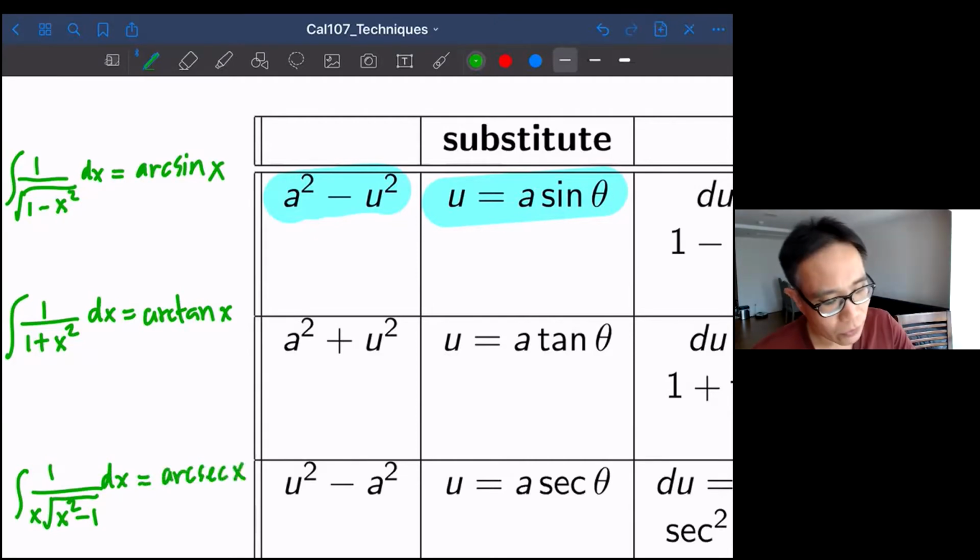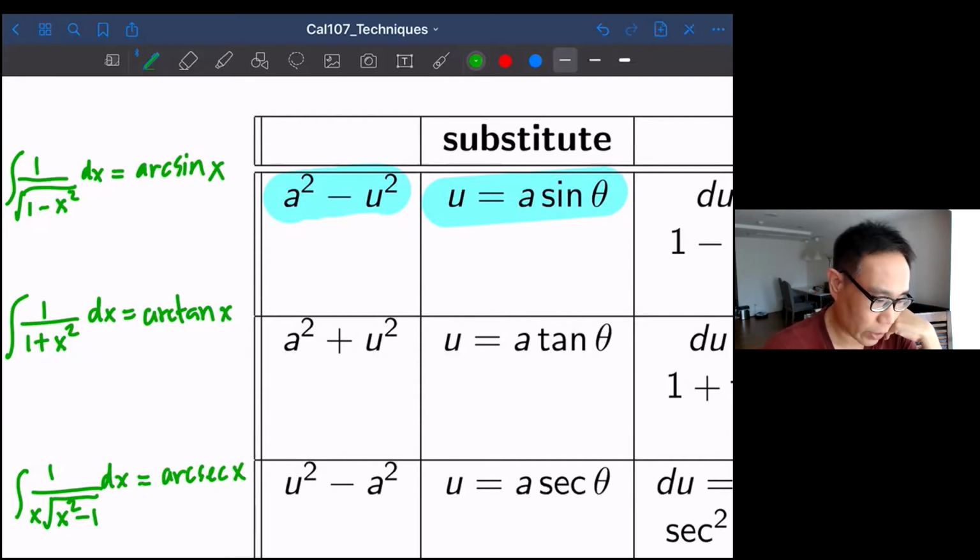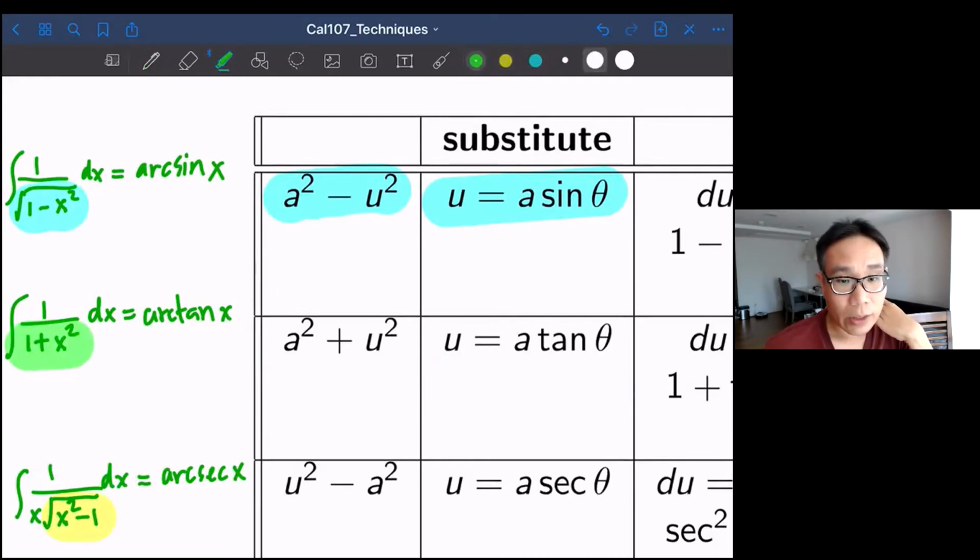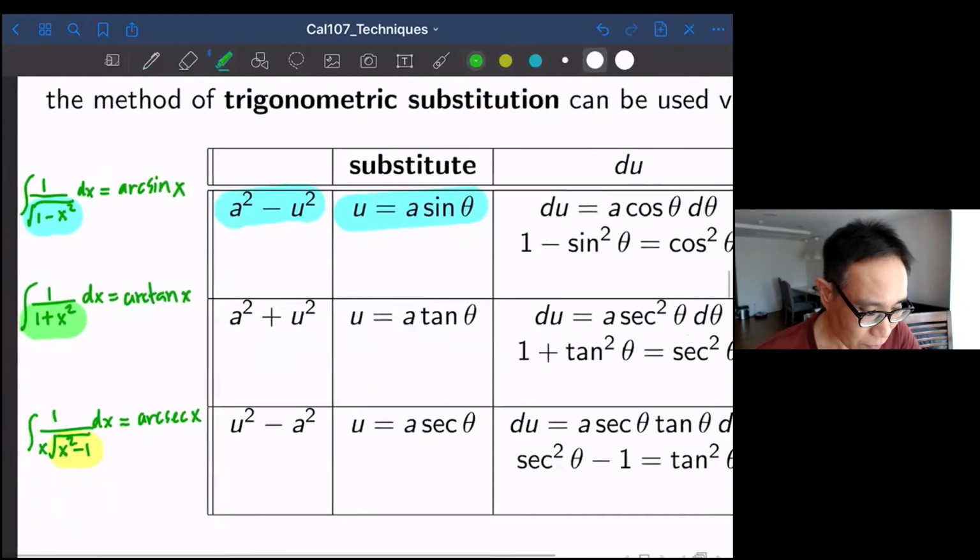So they come from the blue case, the yellow case, and the green case here. You substitute according to arcsine, arctan, or arcsecant.